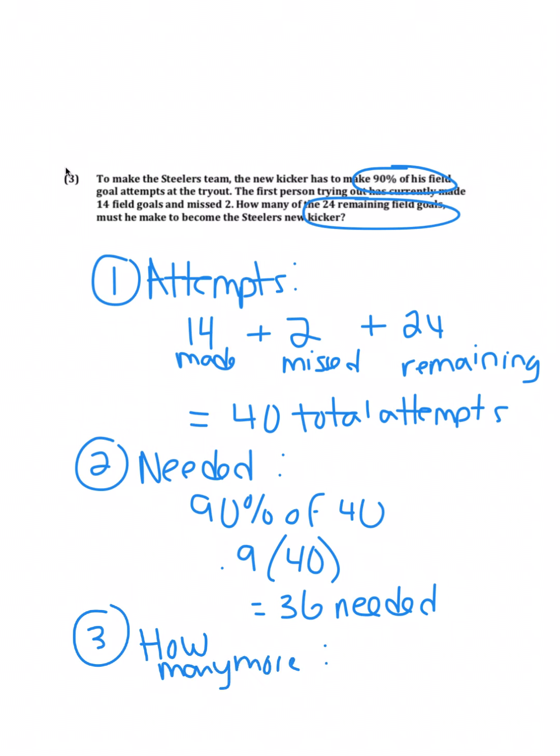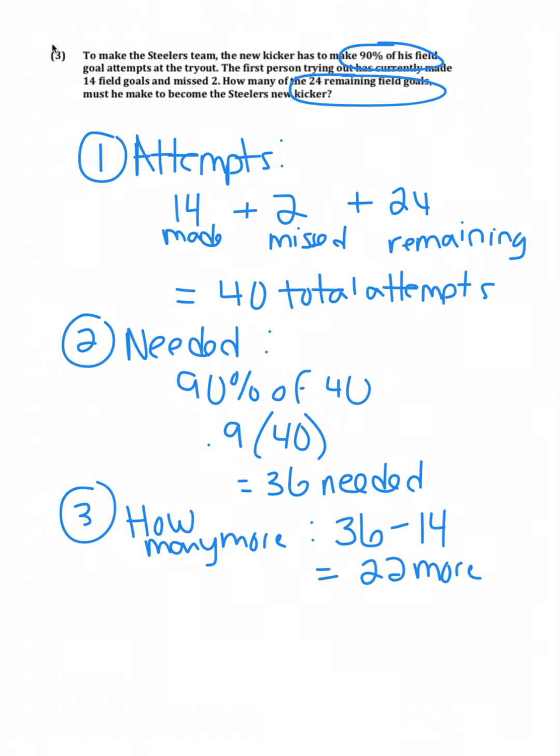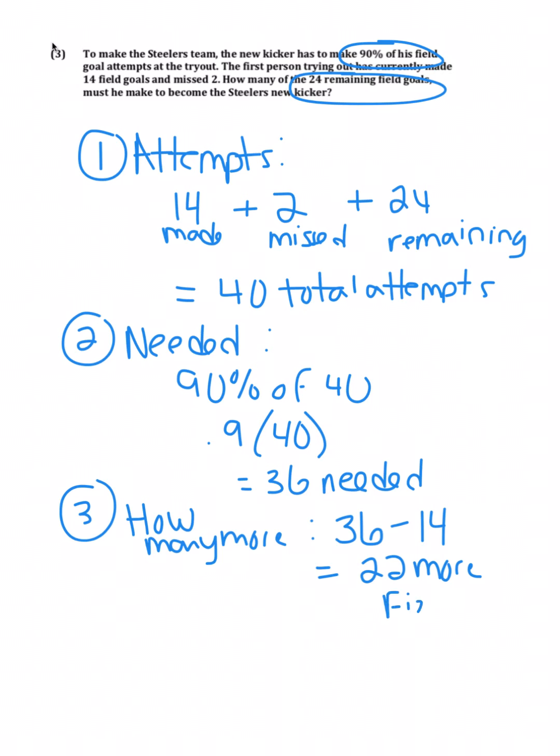We would take the 36 that he needs minus the 14 that he already made, and that would tell us that he needs to get 22 more field goals to be named the new kicker. Of the 24 remaining, he could have missed 2 if that's what the question had asked.